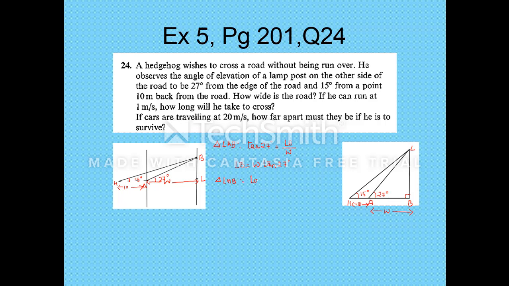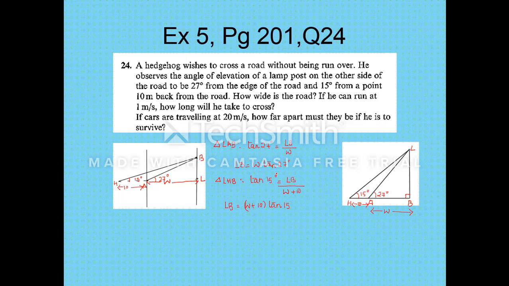Similarly, if we consider the other triangle, which is triangle LHB, we can say tan 15 degrees is equal to LB over W plus 10, because we have this extra 10 kilometers added there. So LB is equal to W plus 10, the brackets are extremely important, into tan 15.